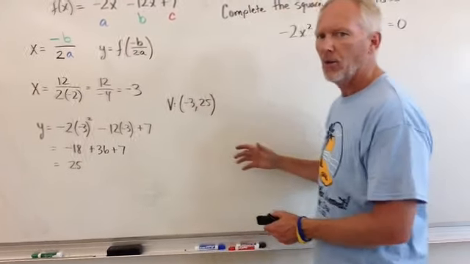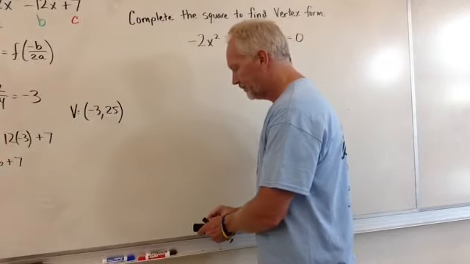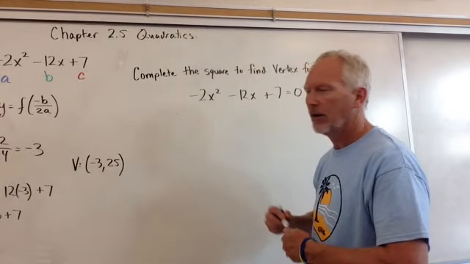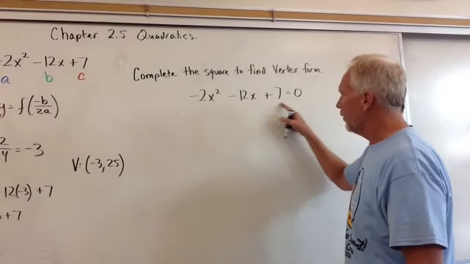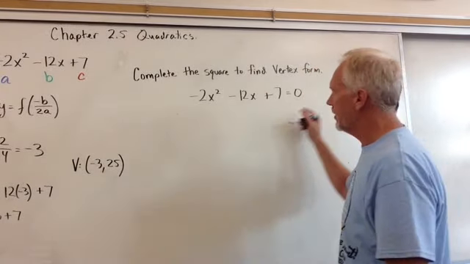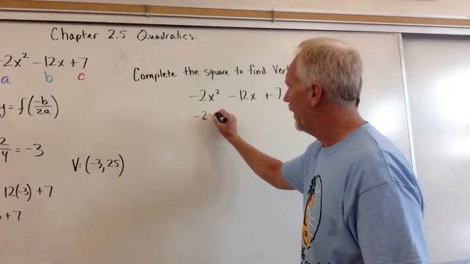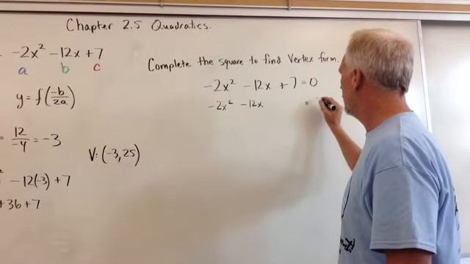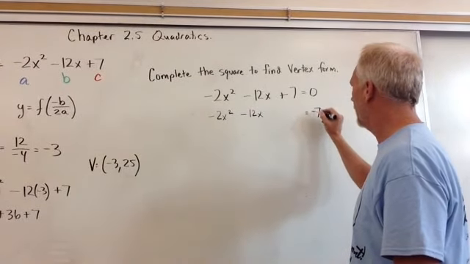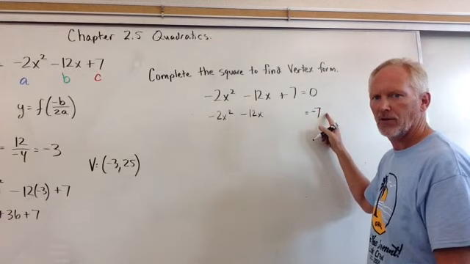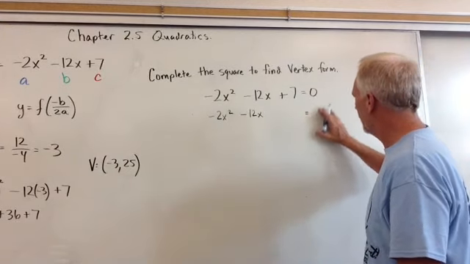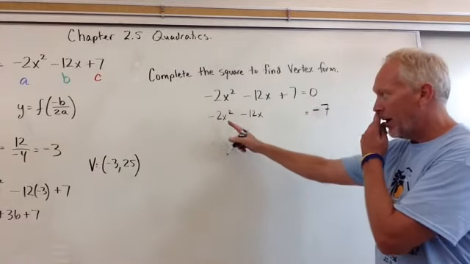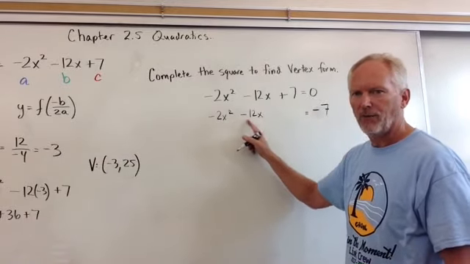All right, so now we need to complete the square. And this is where it might get a little interesting for us here. First of all, we want to bring the 7 again to the other side. So I take my negative 2x squared minus 12x is equal to negative 7. Now we notice that we have something here that we can factor out.